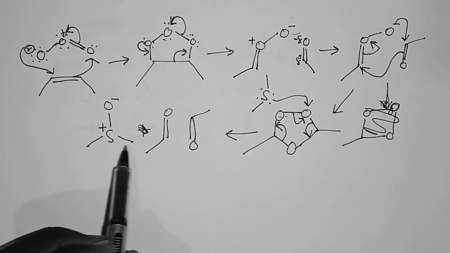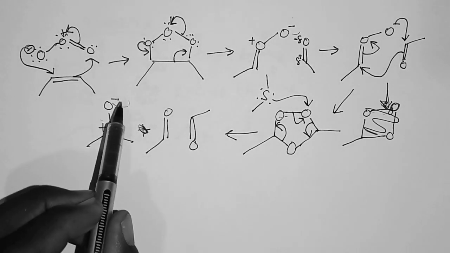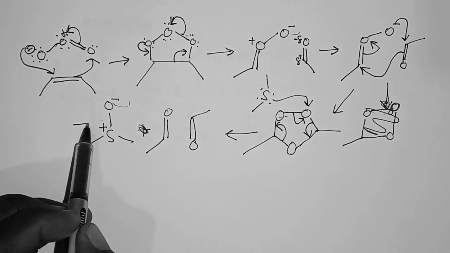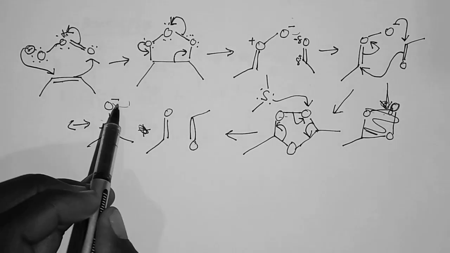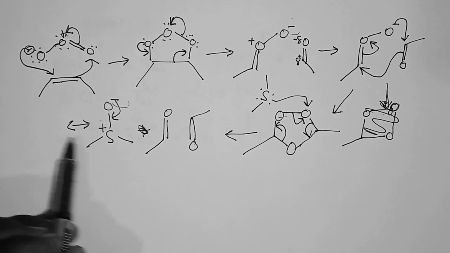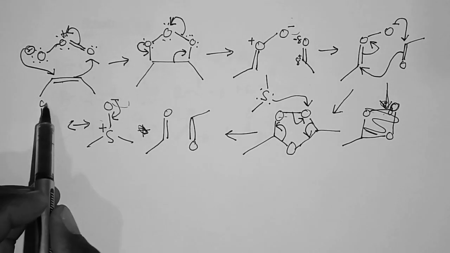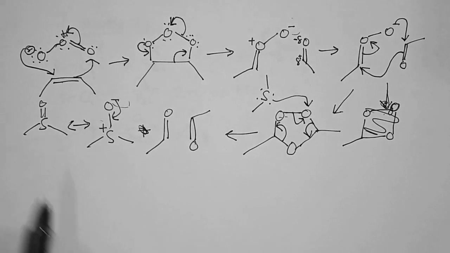Now, if I redraw this well, you see that in this molecule there is a positive formal charge and a negative formal charge, so it's in resonance with this one. So you can move these electrons into this sulfur center to give us a sulfoxide.